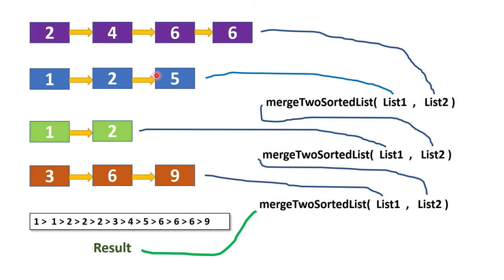And this is done how many times? K minus 1 times. This merge two sorted list function we have to call k minus 1 times. Here k is 4, so we are calling it 3 times. So overall the time complexity will be O(n times (k minus 1)). We can simplify it to O(nk). So the time complexity for this will be O(nk). Now we have to see if we can reduce this time.